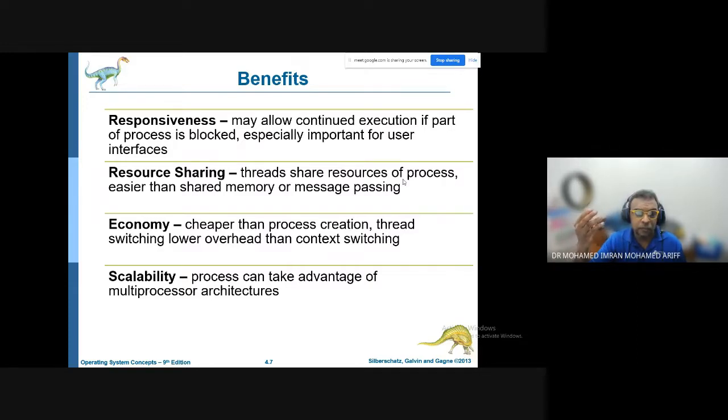And it's much more scalable. Processes can take advantage of multiprocessor architecture. Multiprocessor architecture means you have multiple processors running at one particular point in time. Scalable means it can be extended, it can grow. That means you can run multiple processors and at the same time run multiple threads. So you can have Microsoft Word with 5 documents, Excel with 5 sheets, PowerPoint with 5 slides, all running at the same time.